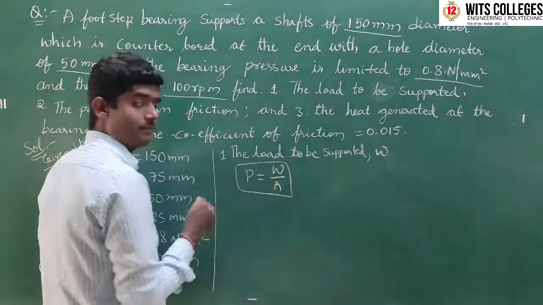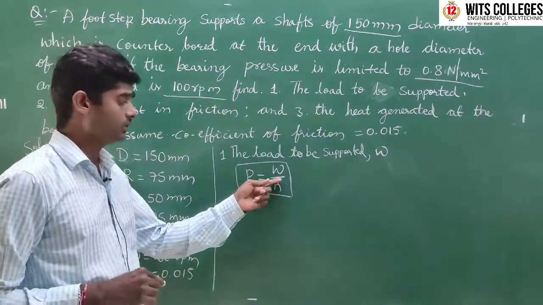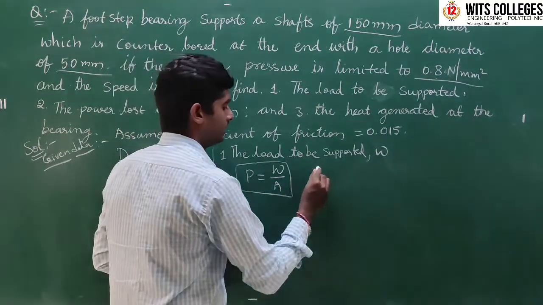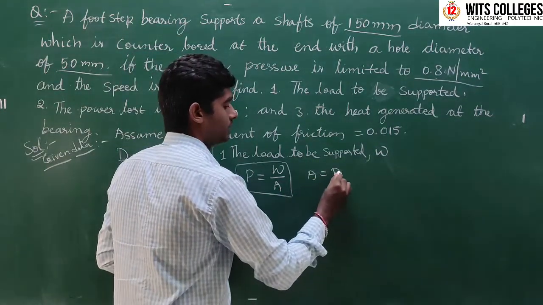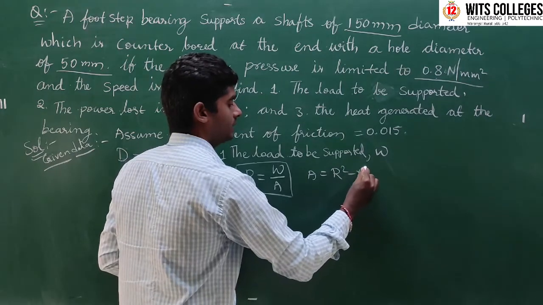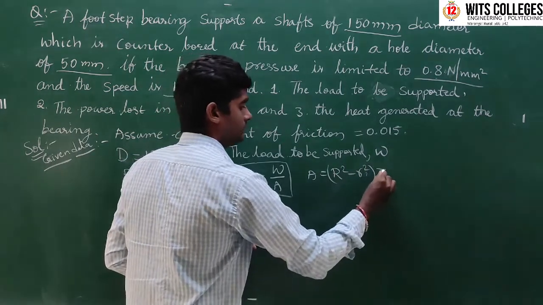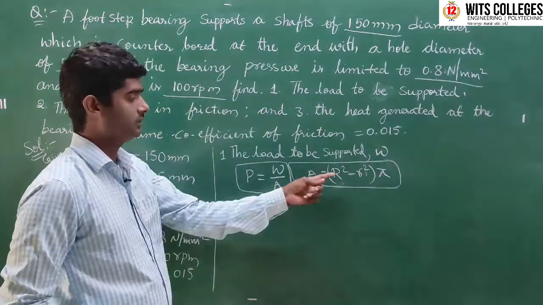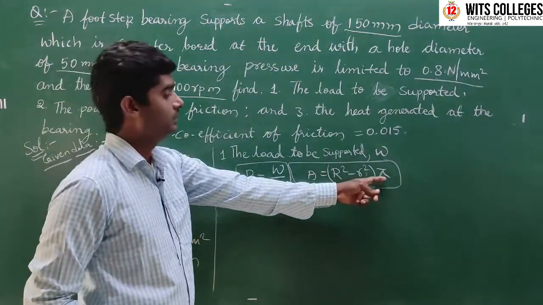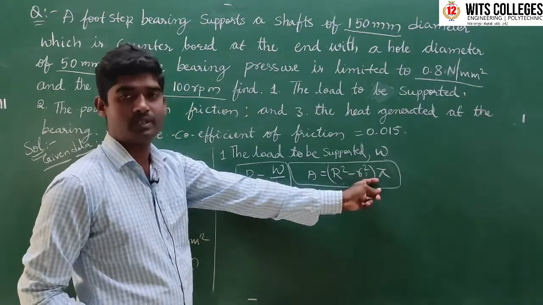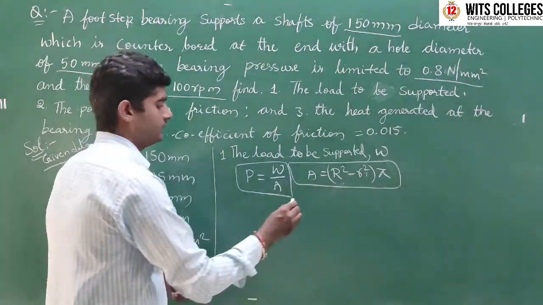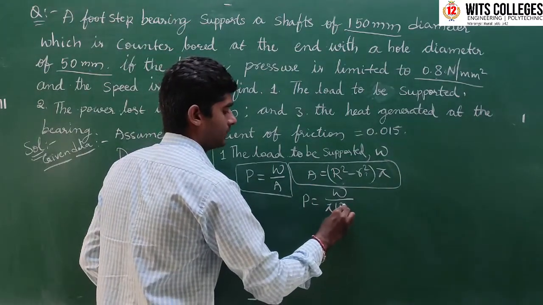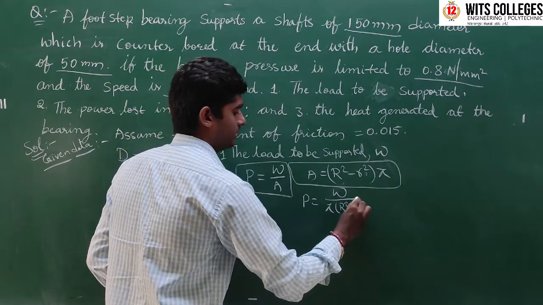The area is pi R square minus pi r square, because there are two radii, that is pi into capital R square minus small r square. Then p is equal to W by pi into capital R square minus small r square.